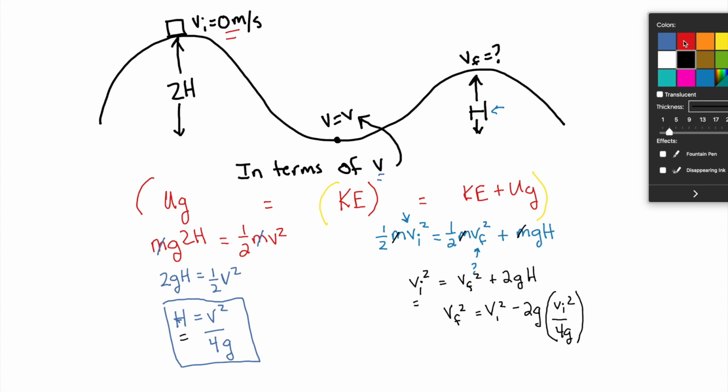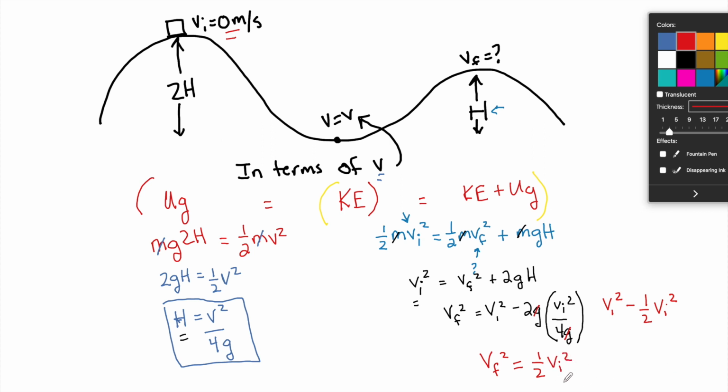Now I am almost there. I can cancel these g's out and simplify this into V initial squared minus 1/2 V initial squared. A whole minus a half equals a half, correct? So V final squared equals 1/2 V initial squared.